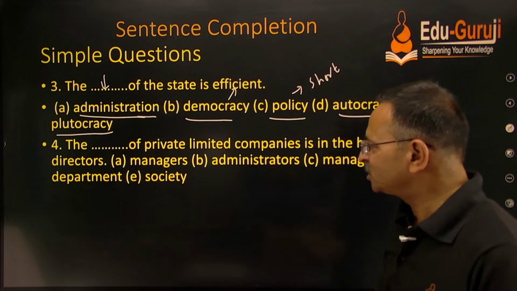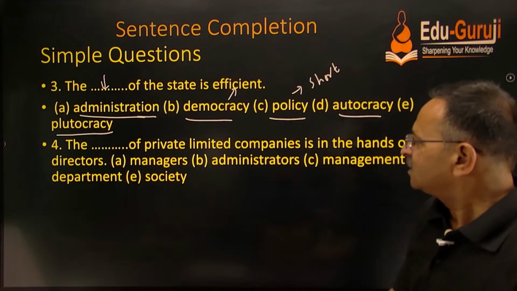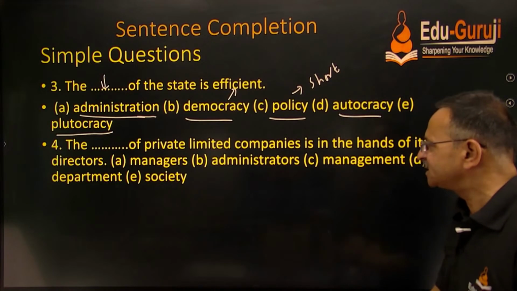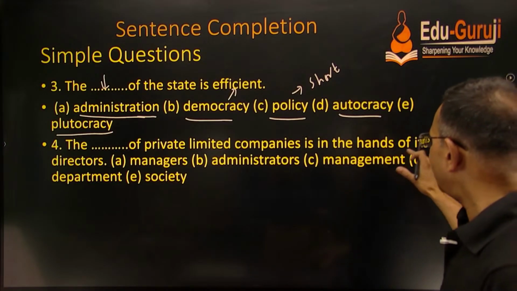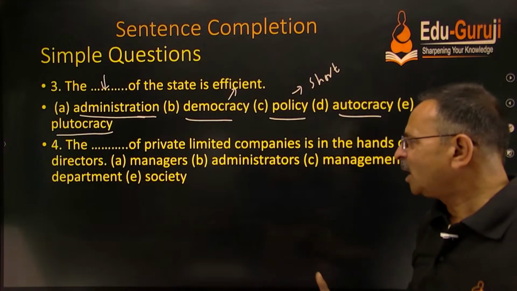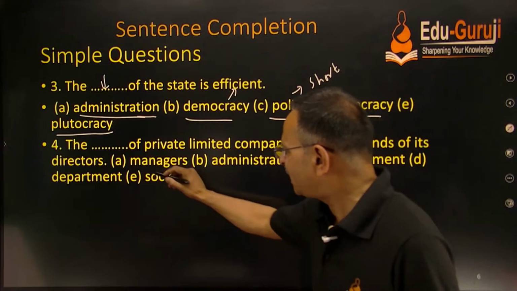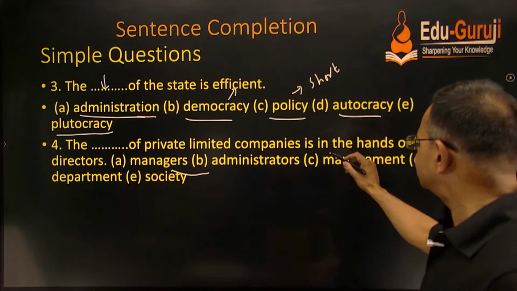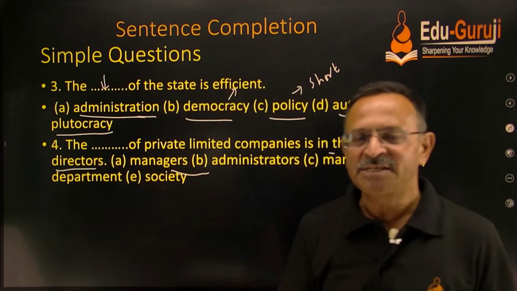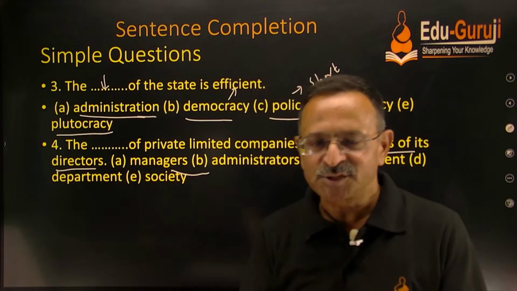Then let's go to the fourth one, that is, of private limited companies is in the hands of its directors. Now let's see, the managers of the private limited company is in the hands of its directors. So obviously, the managers are not working in the hands of the director.